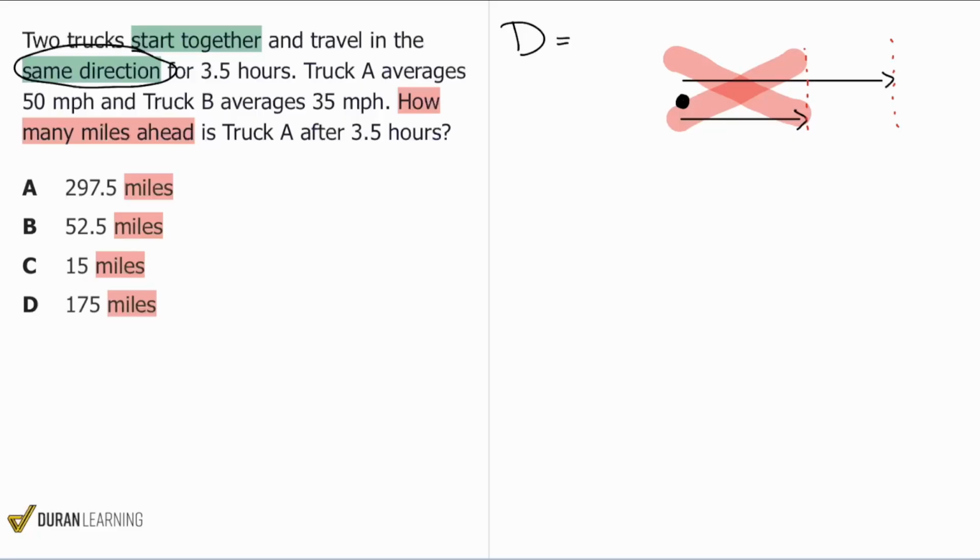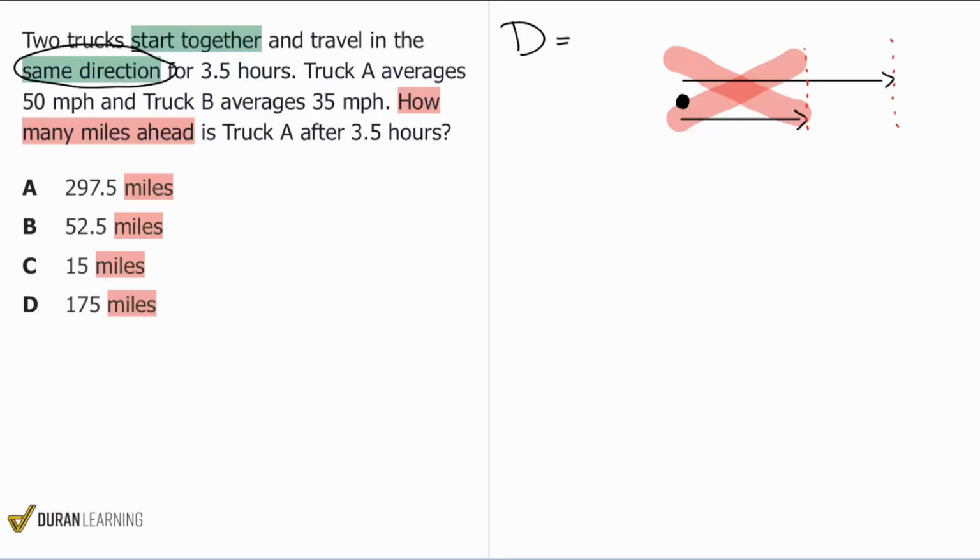Subtraction all the way, right? And guess what that key phrase is? Right over here. Same direction. So for the time period that these two trucks are traveling together, we will block that out. We will cancel it out.